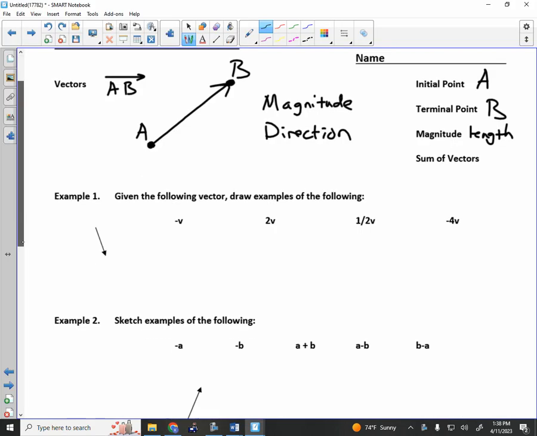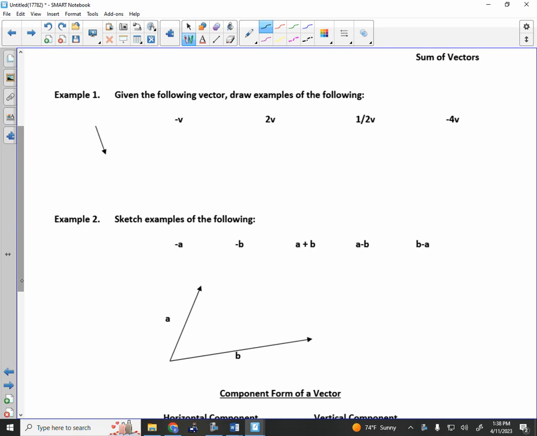So let's do a geometrical representation of vectors. If this is vector B, anybody guess what negative B looks like? Opposite direction, starting at the same location, but opposite direction. You may want to guess what 2B would look like.